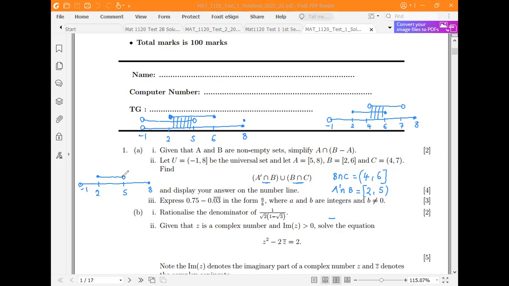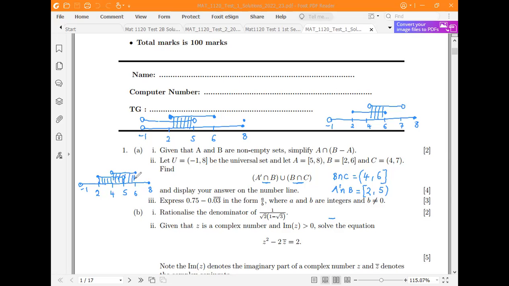From 4 to 6, open, closed. Union is everything in here plus everything in there.